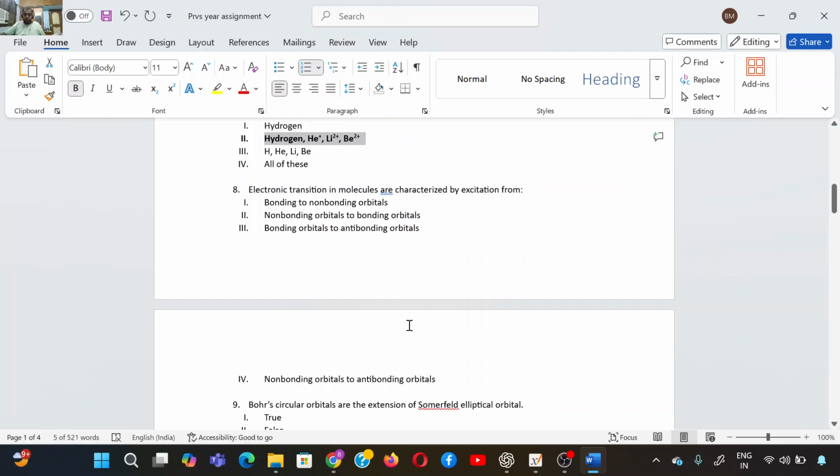Electronic transitions in molecules are characterized by excitation from, four options are given: bonding to non-bonding orbitals, non-bonding to bonding, bonding to anti-bonding, and the fourth option is non-bonding to anti-bonding orbitals.